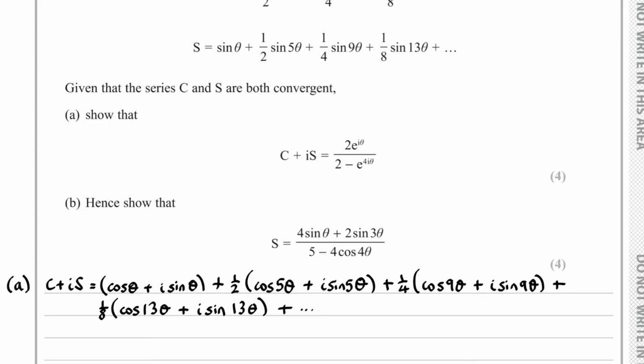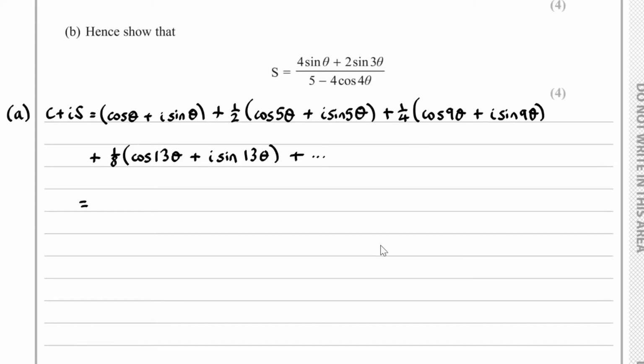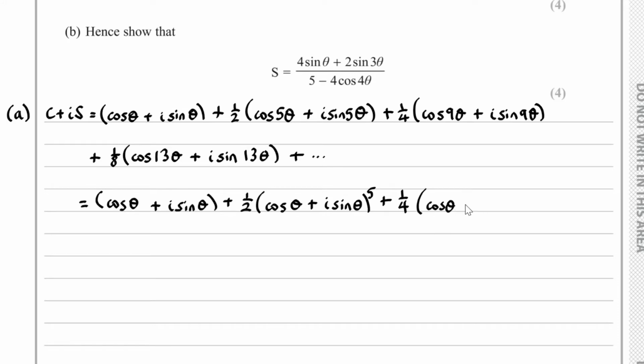And if we use de Moivre's theorem, what all this is the same as is cos theta plus i sin theta, plus 1/2 lots of (cos theta plus i sin theta) to the power of 5, plus 1/4 (cos theta plus i sin theta) to the power of 9, plus 1/8 (cos theta plus i sin theta) to the power of 13, and then we have higher order terms.